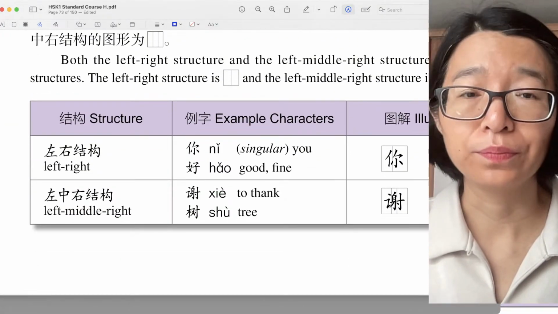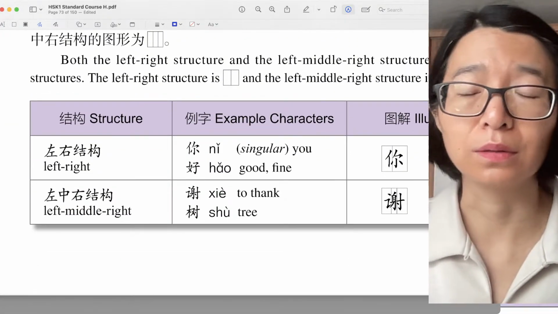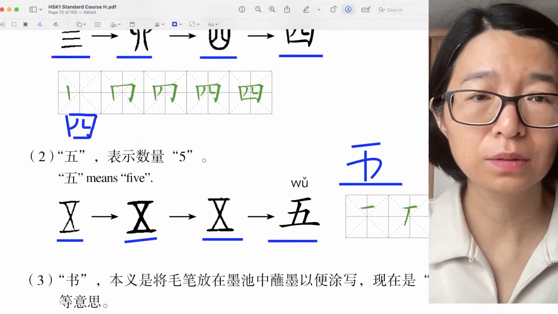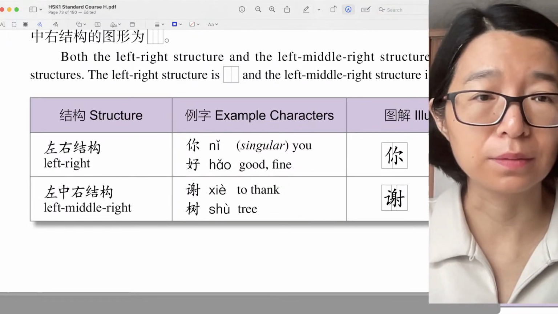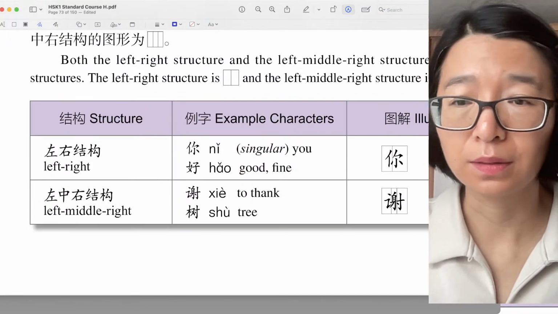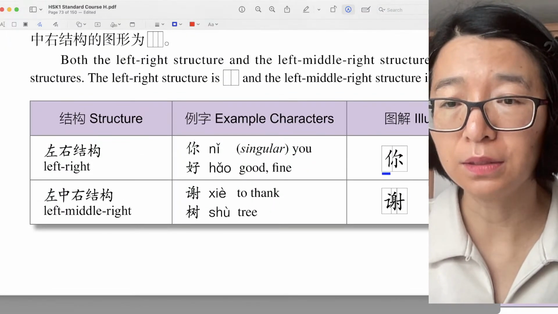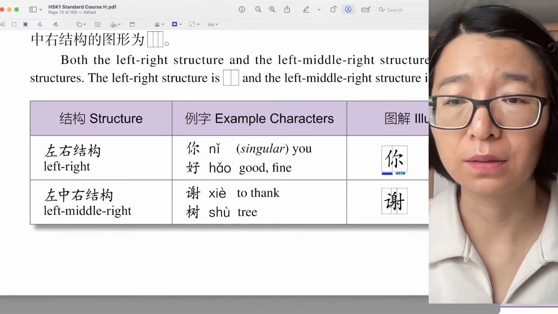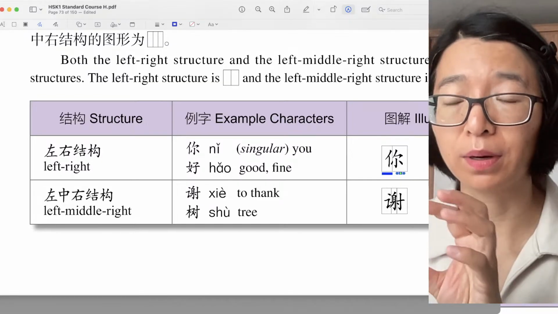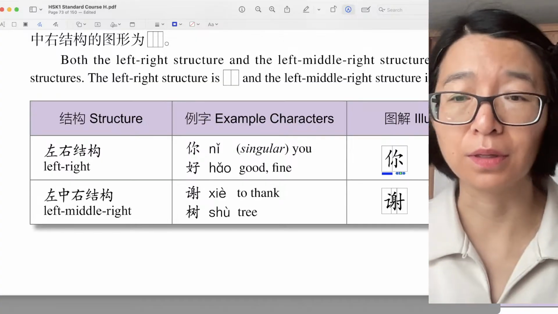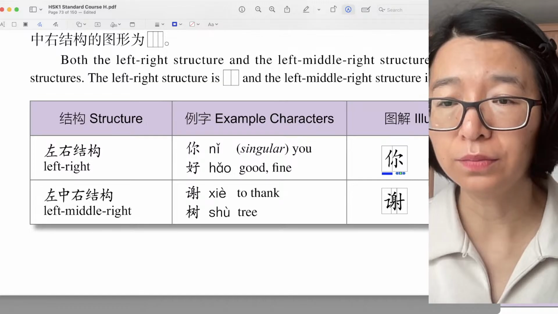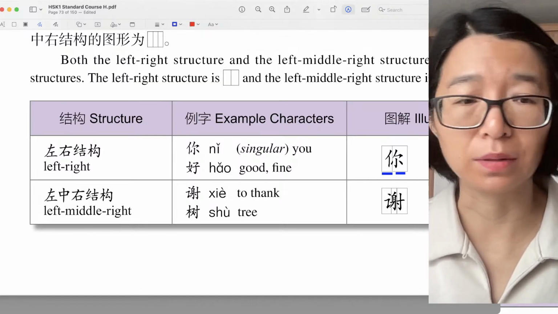Okay, so these characters are single component characters, and here we can say this character, 你, you know this character, right? You can see it has a left part and a right part. It's different, right? And also 好, left part and right part.